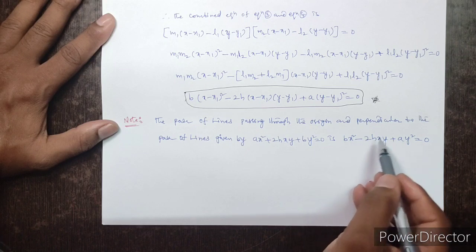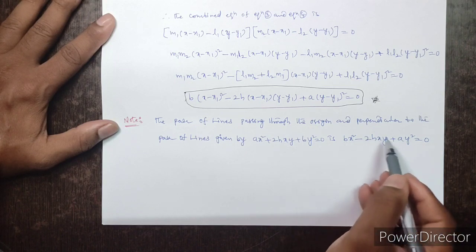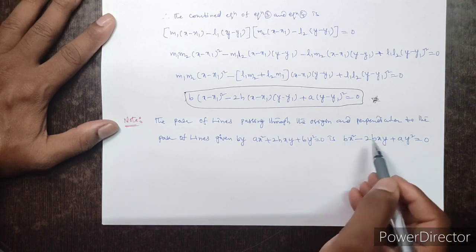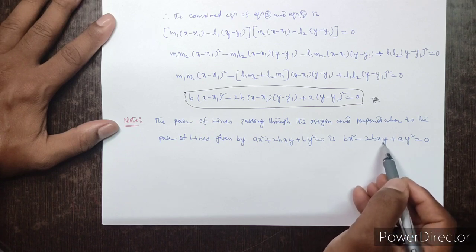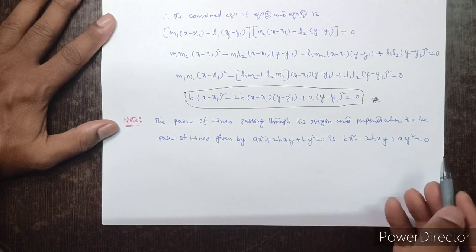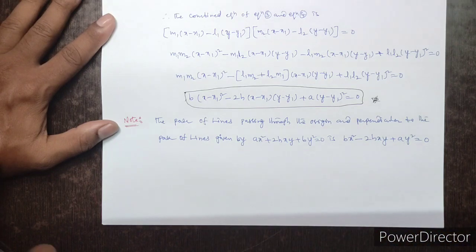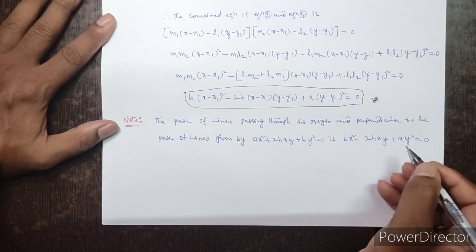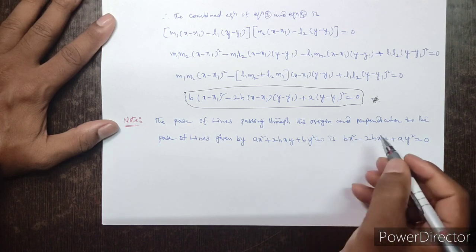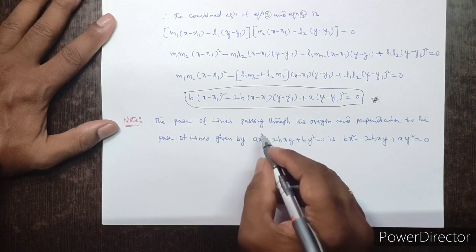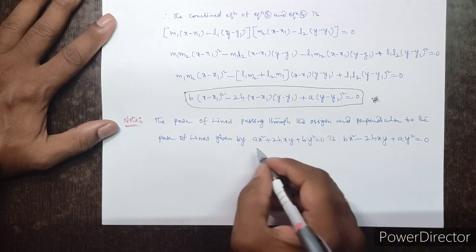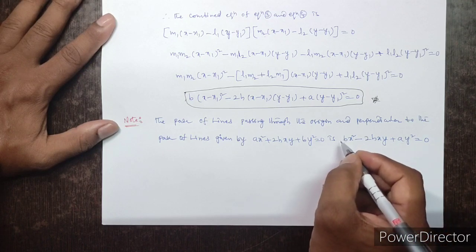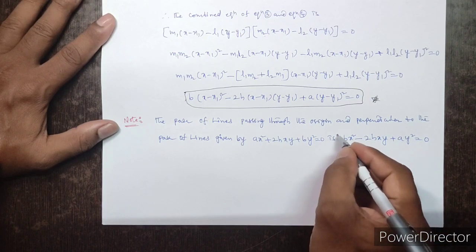Just interchange the coefficients of x square and y square and keep minus to the xy coefficient. That is the perpendicular line passing through the origin, the equation of the line passing through the origin and perpendicular to the given pair of lines ax square plus 2hxy plus by square equal to 0.